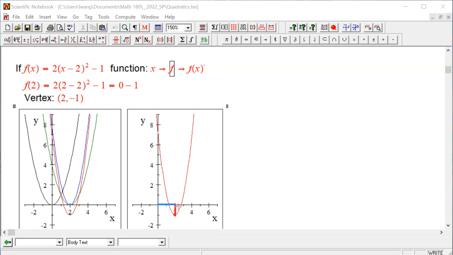All of the other outputs will be larger than -1. So that is the smallest output possible.